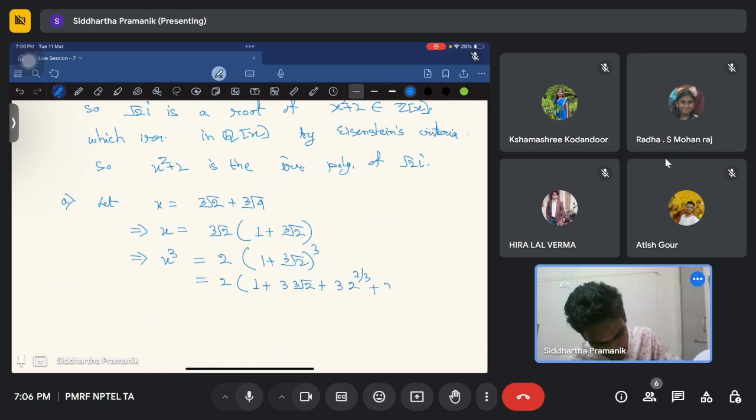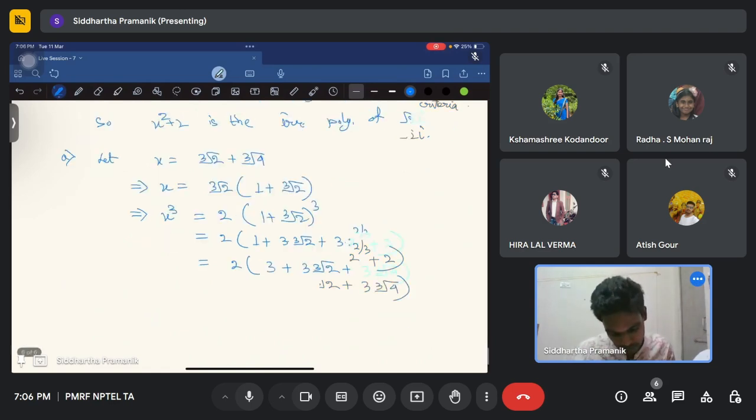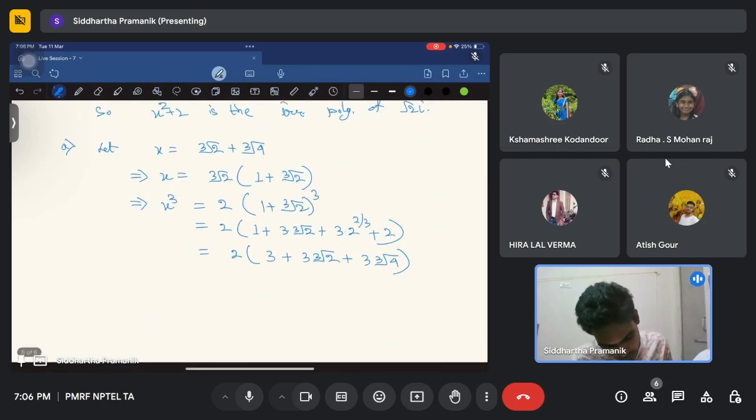And plus 2. Now what is this? This is basically 2 times 1 plus 2, which is 3, plus 3 times cube root of 2 plus 3 times cube root of 4, right? Now again simplify this.